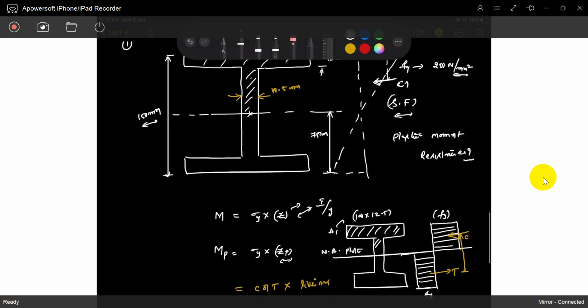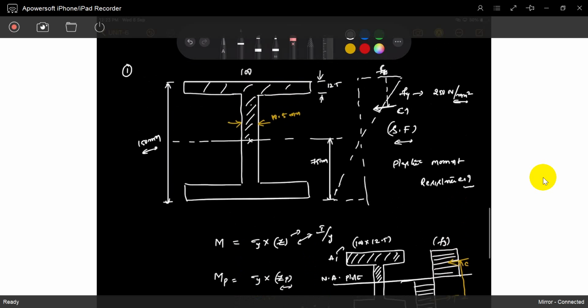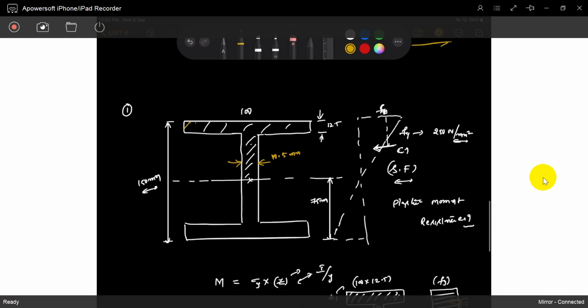This other area is 75 minus 12.5, which is 68.75, multiplied with 12.5.